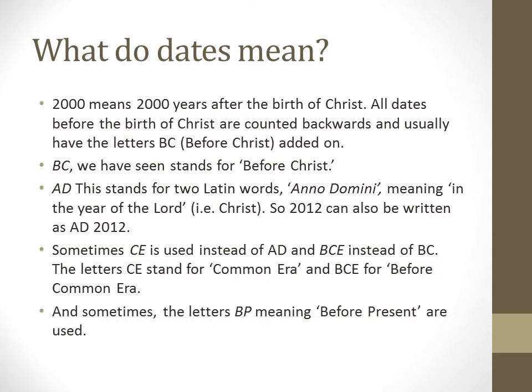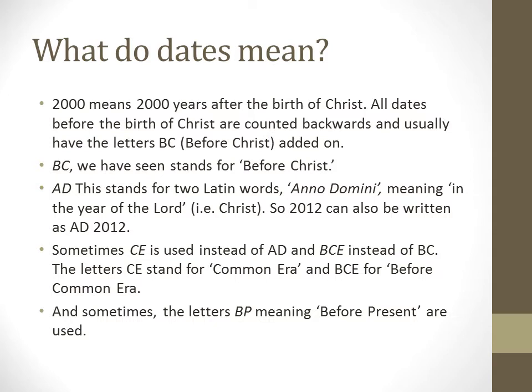Sometimes we find AD before dates. This stands for two Latin words, Anno Domini, meaning in the year of the Lord, that is Christ. So 2012 can also be written as AD 2012. Sometimes CE is used instead of AD and BCE instead of BC.